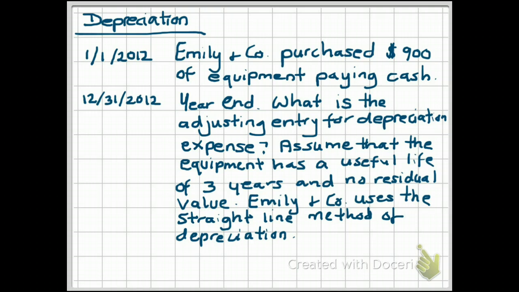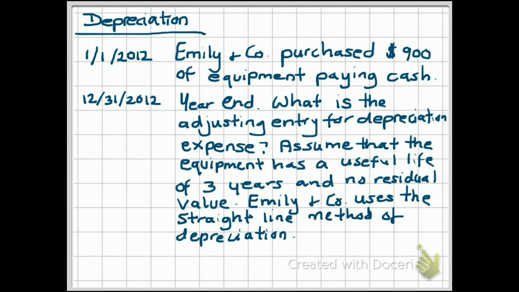In Chapter 3, we only use the straight line method. Later on, there will be other methods, so you don't have to worry too much about the method of depreciation at this point. But the things that you're going to look for is the useful life, which we know is 3 years, and how much residual value this company has. And in this case, there is no residual value, and therefore residual value is 0.